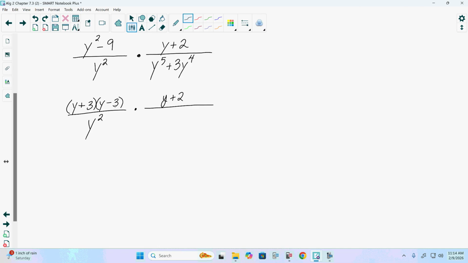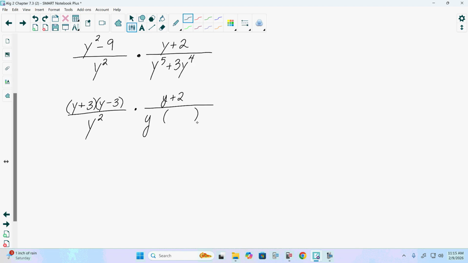Last one we have is y to the 5th plus 3y to the 4th. Might be a little daunting because we have these high powers, but is there a greatest common factor between them? Well, yeah, they both have y. So that means I can factor that variable y out. Now the question is, how many can I factor out? 4.